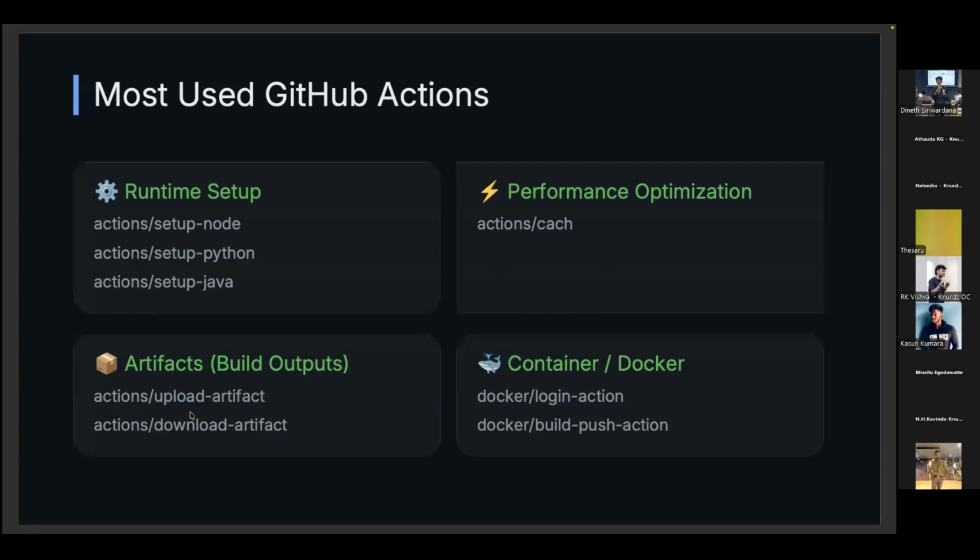And after that, you can upload any outputs to the artifacts, or you can create a release, or you can get details from that. Like if you need all releases, you can just get them from there as well. And if you are using containers and dockers, you can simply log into that and work with them.